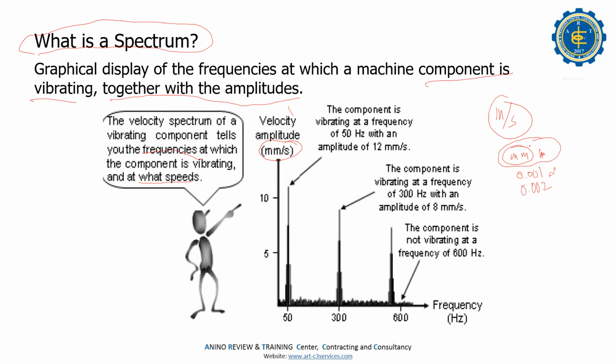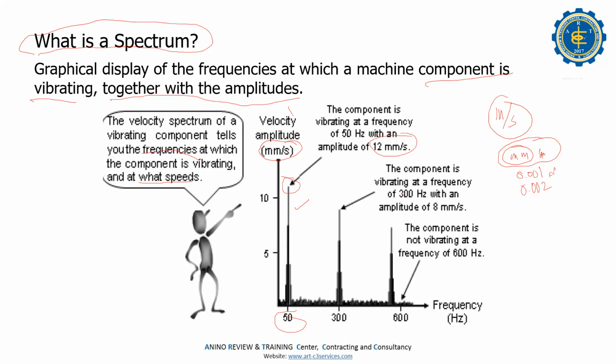So you have this amplitude. The component is vibrating at what frequency? Of 50 hertz, with an amplitude of 12 mm per second. So this is 50 hertz and this is 12 mm per second.